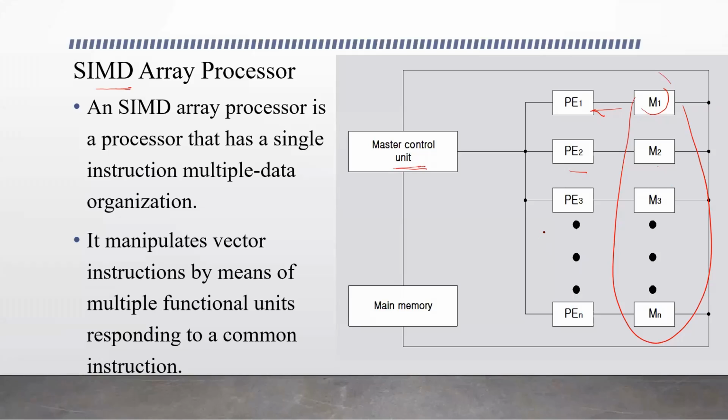Array processing is simple. We have learned about parallel processing, but when an array of data needs to be processed, the instruction is single. One set of instructions works on different data.